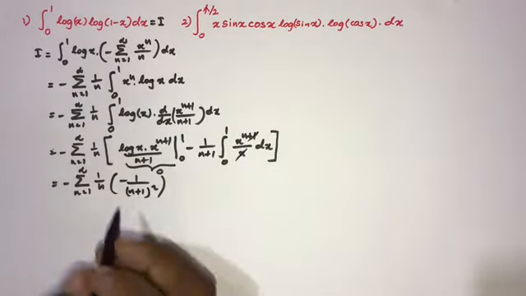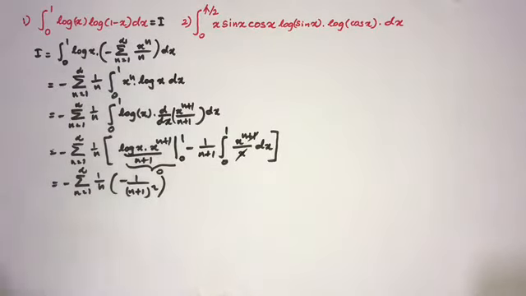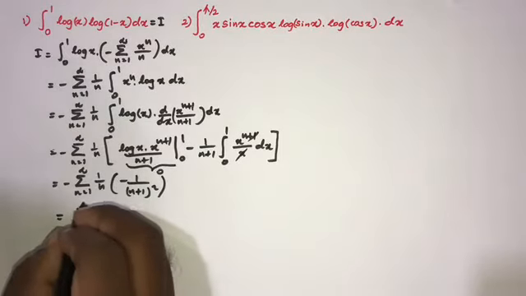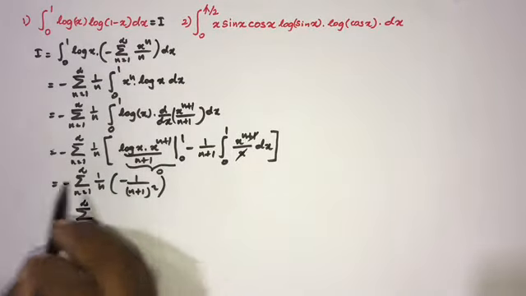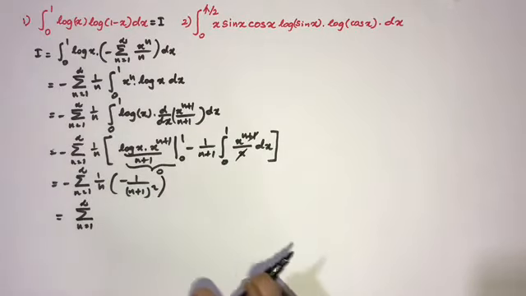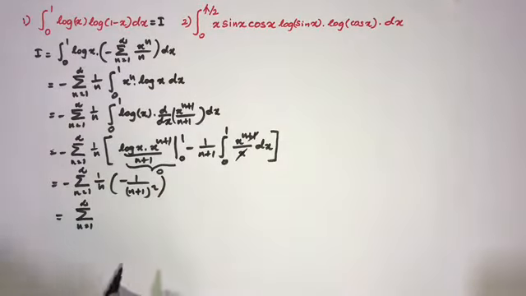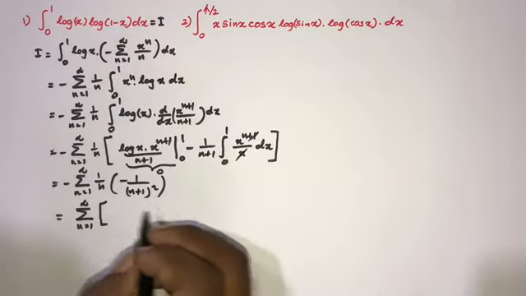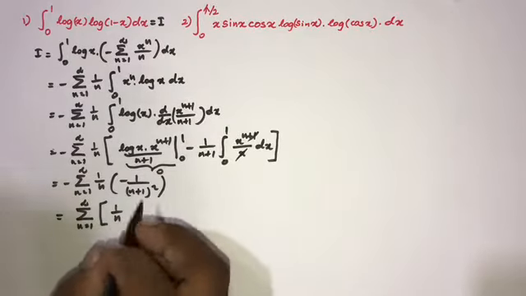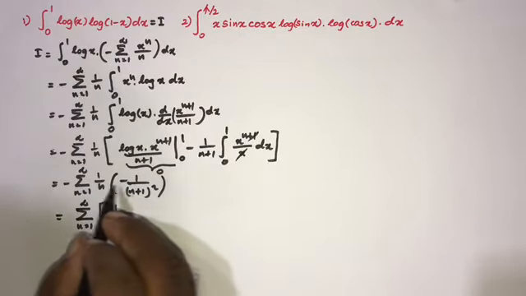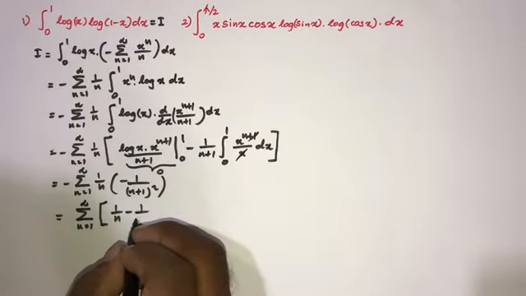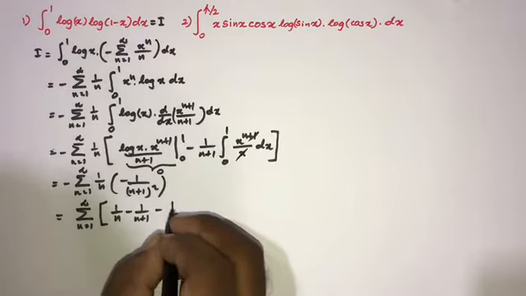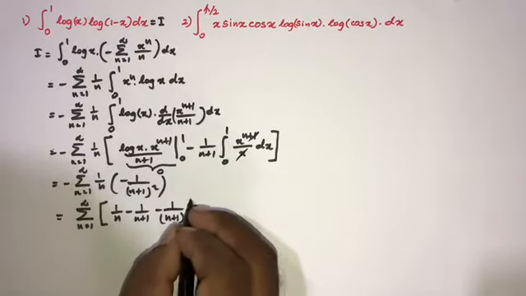Okay, now this minus get cancelled, and we can write now this is equal to infinite sum n is equal 1 to infinity, this minus signs get cancelled, and here 1 over n plus 1 square. So we can use partial fraction decomposition, so we can write after the partial fraction decomposition, here 1 over n, then minus 1 over n plus 1, then minus 1 over n plus 1 square.